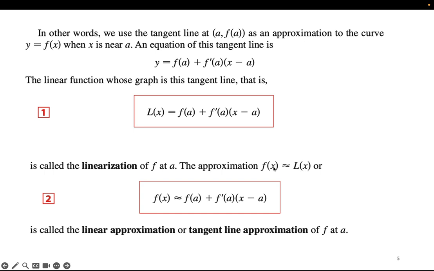So if x is close to a, if I'm on the function and I'm close to the point a, then the function and the tangent line are almost the same. They're basically the same. So the function, which is complicated, is basically the same as the tangent line, which is a lot simpler, and this is the tangent line at the point a, f of a.